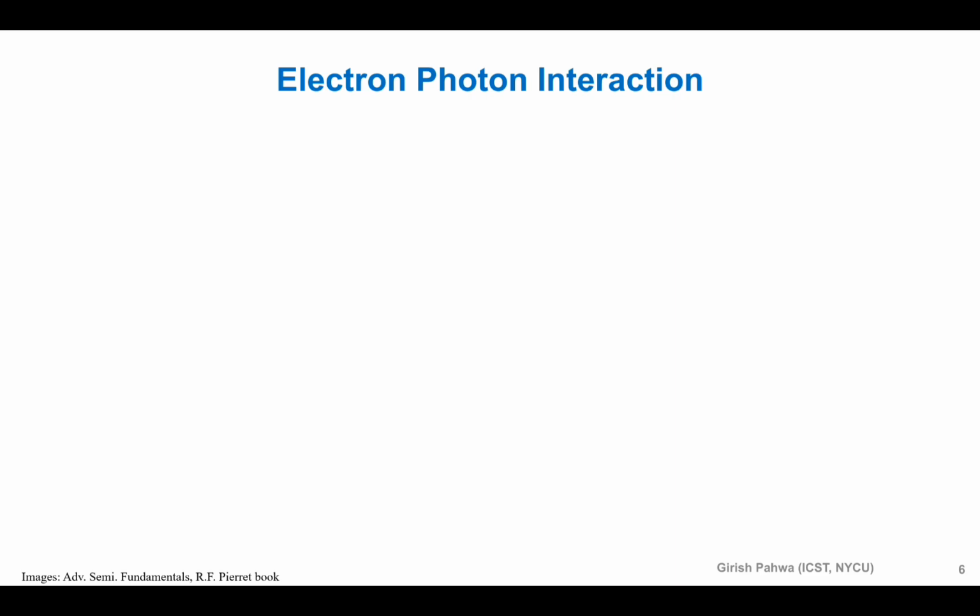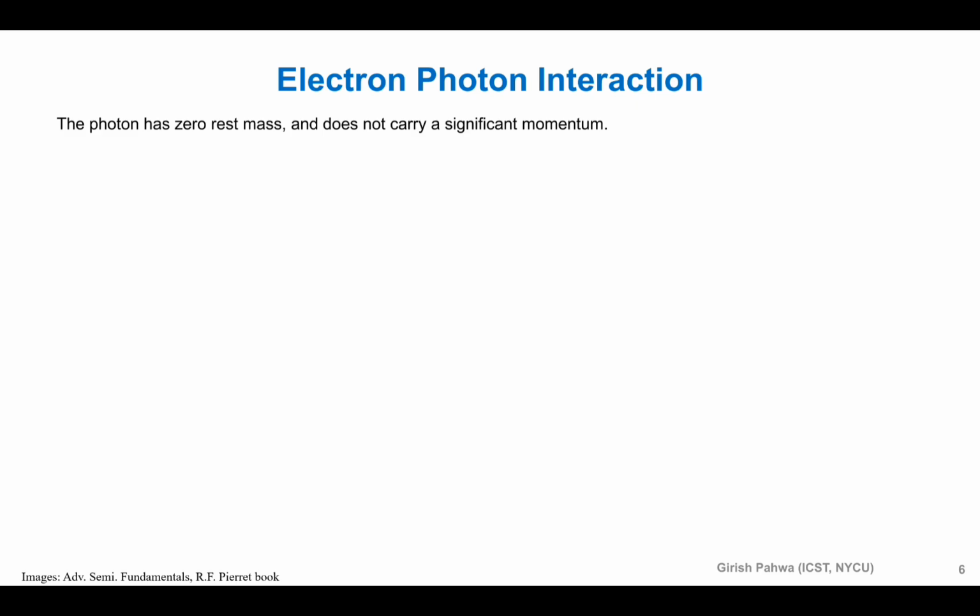Let's see what momentum the photon carries. So let's talk about a case of a photon which is useful for us. What kind of photon is important for us? A photon which can make an electron go from the valence band to the conduction band, a photon which has an energy higher than the band gap. That's the kind of photon we are talking about.